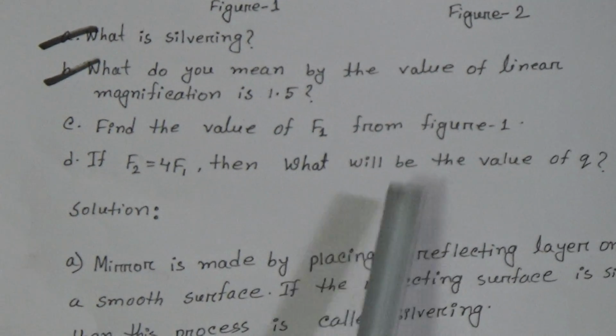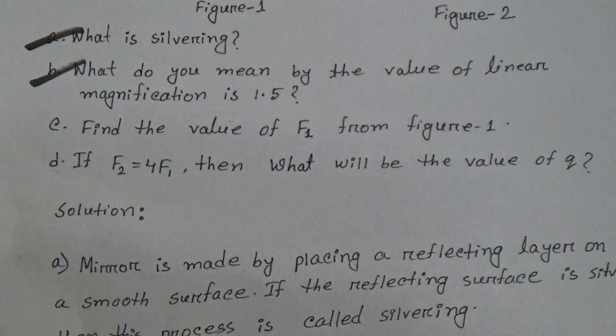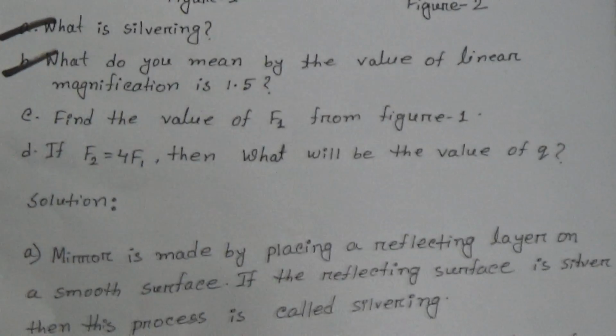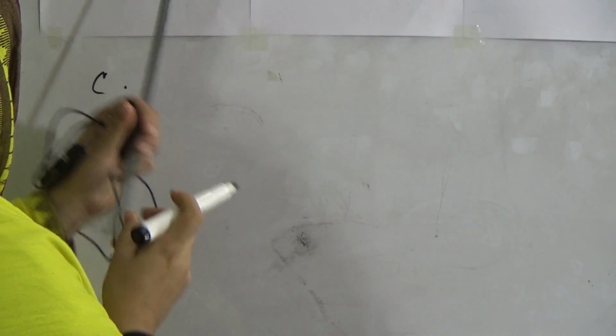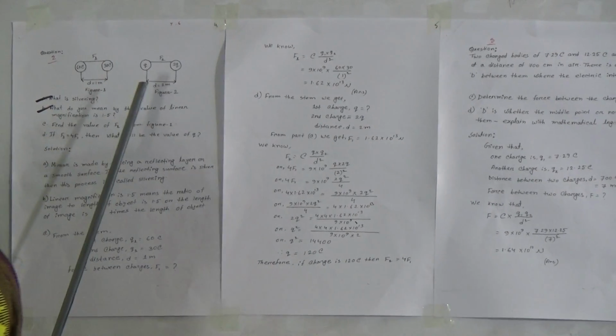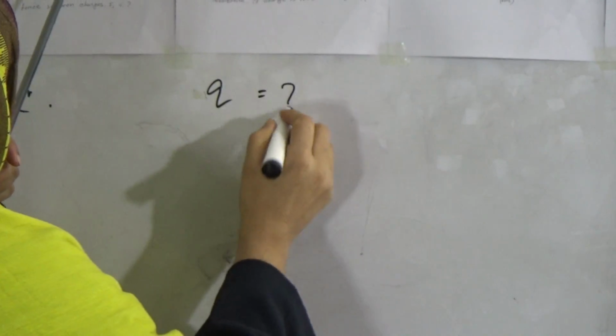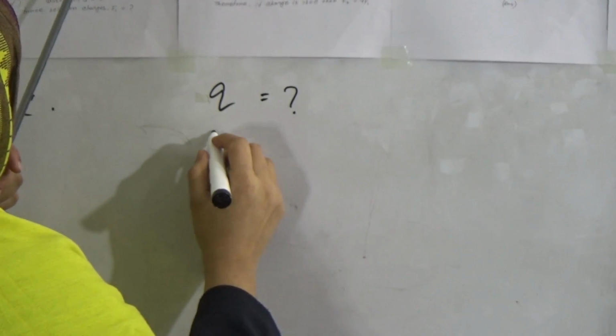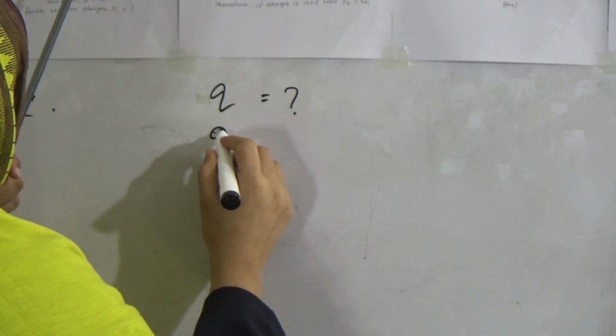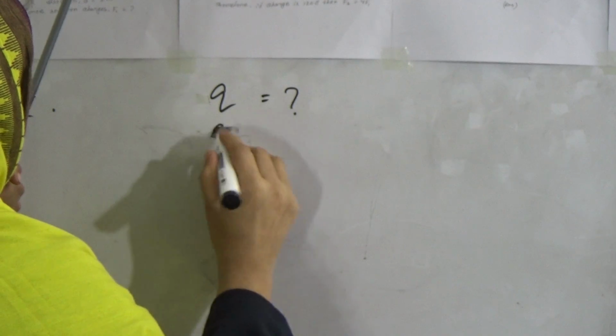Now we will solve question number D. If F2 equals 4 F1, then what will be the value of Q? Here in this figure, the first charge Q1 equals Q, and the second charge is 2Q.